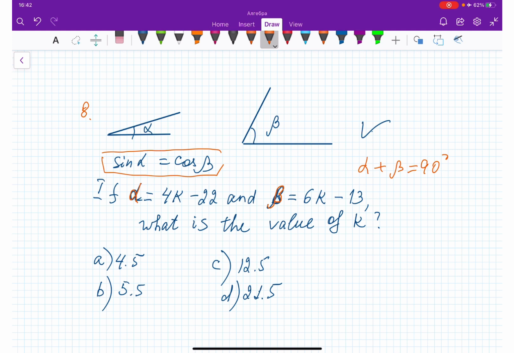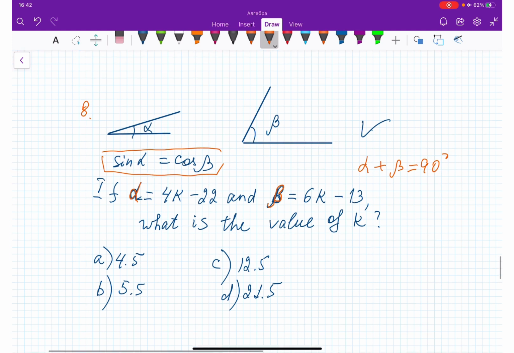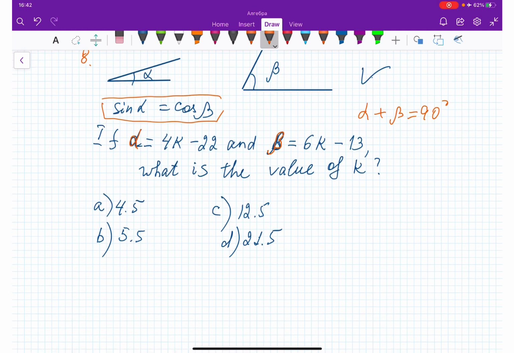And why are they complementary? Because sine alpha is equal to cosine beta. So alpha plus beta is equal to 90 degrees. From here, my alpha is 4k minus 22 plus beta, which is 6k minus 13, and that is equal to 90.